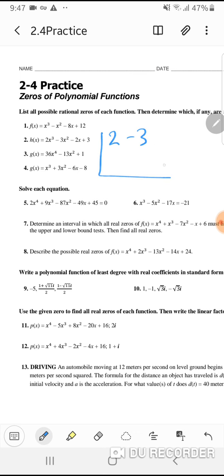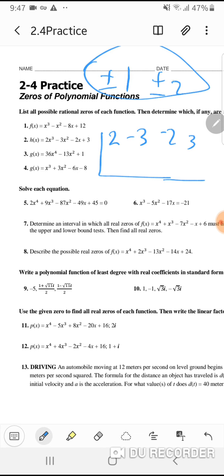So what I'm doing is actually putting in random numbers. What I mean by random numbers is something like this. If these do not work, put that. If that does not work, put that.